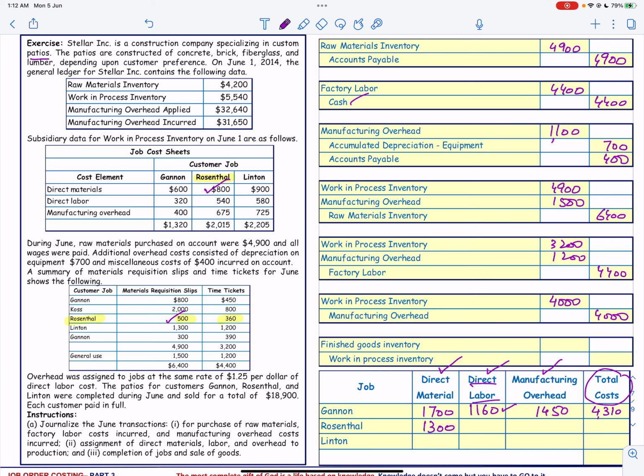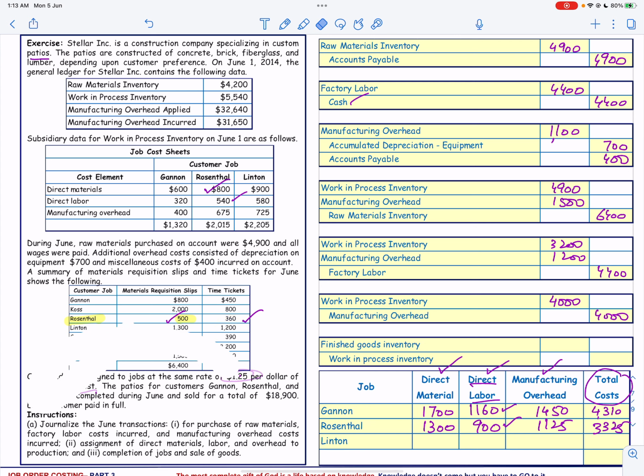Then we have direct labor, and direct labor is 540 plus 360, that makes 900. Then we have manufacturing overhead, and that will be 1.25 of direct labor, that is 1.25 of 900, that is 1,125. The total is 3,325.